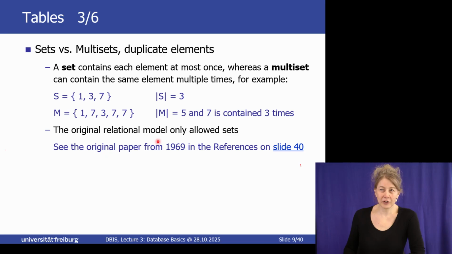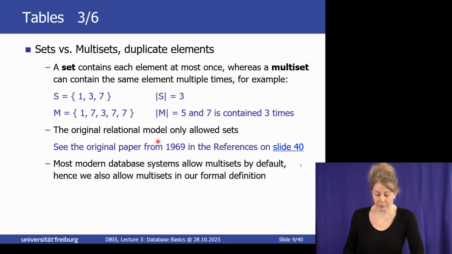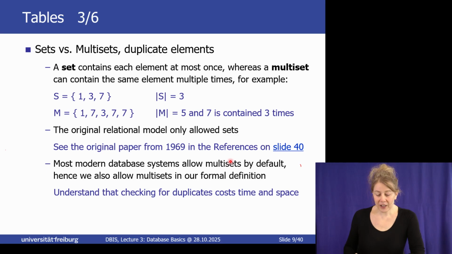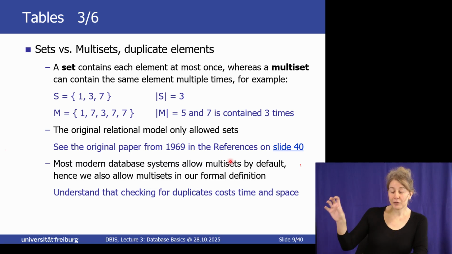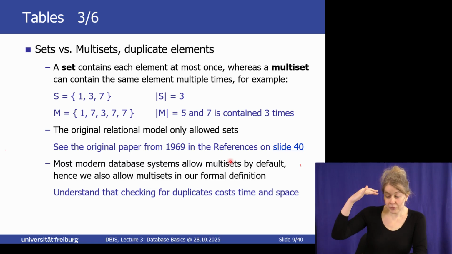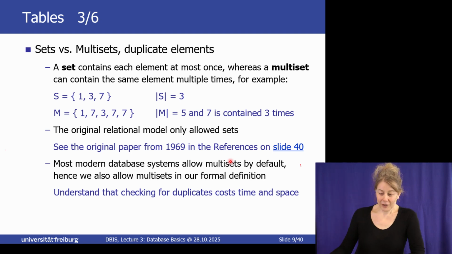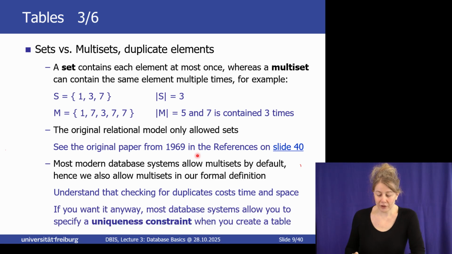It turns out in practice you do want to have it multiple times. So for this lecture we allow multisets by default. You will see in a second, you can tell the database, please disallow multisets. So if you have the exact same row a second time, it should say no. But that actually costs time and space, so you usually don't do it.